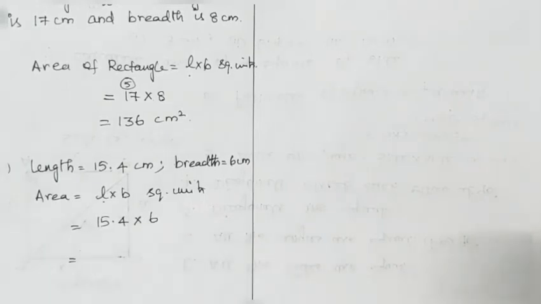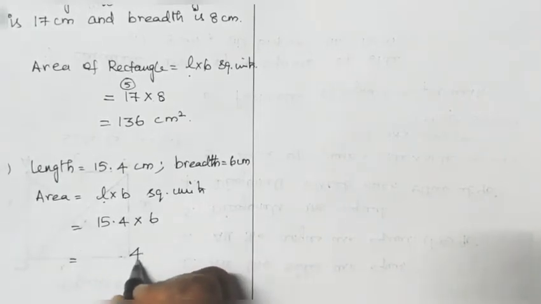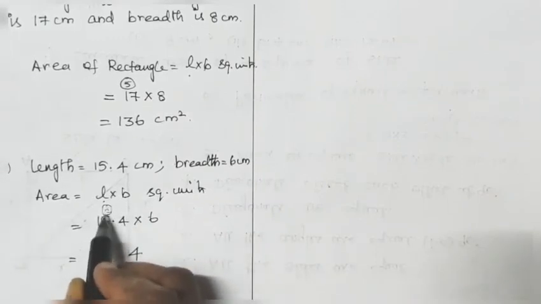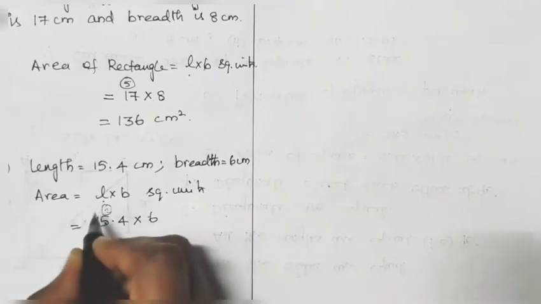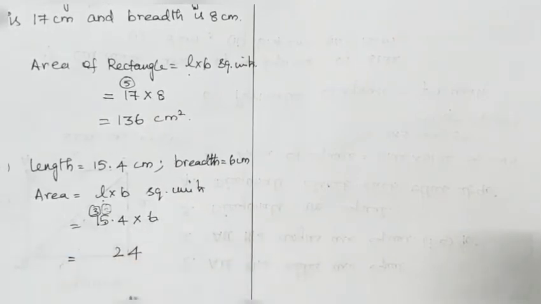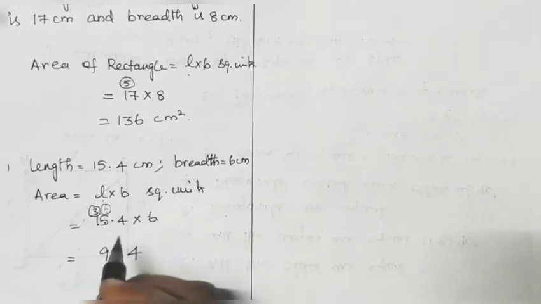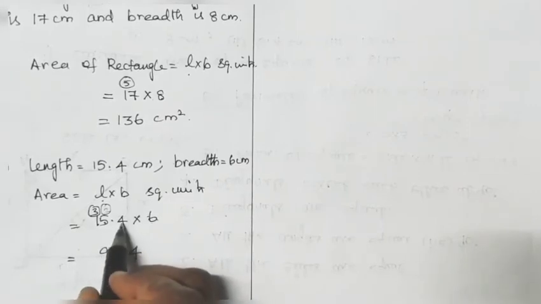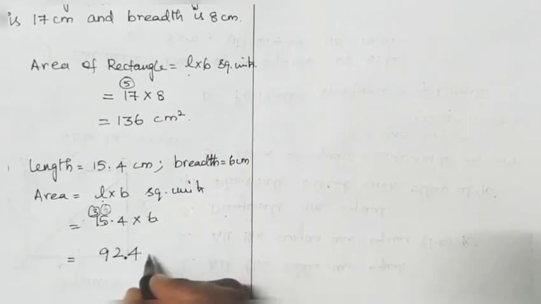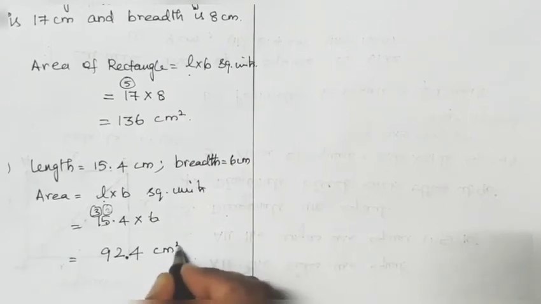Now multiply. 6 4s are 24. 2 carry over. 6 5s are 30. 30 plus 2 is 32. 3 carry over. 6 1s are 6. 6 plus 3 is 9. So how many digits after the decimal point? 1 digit. So keep 1 digit. So it is 92.4 centimeter squared.